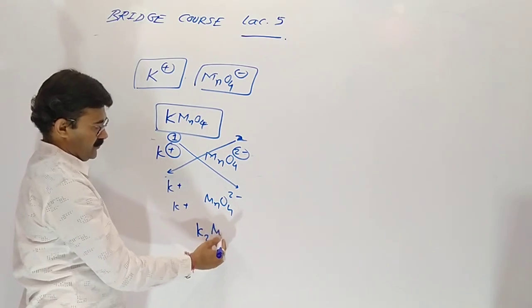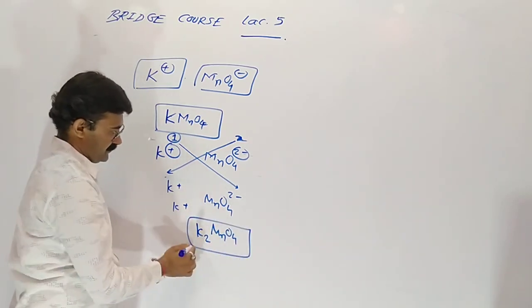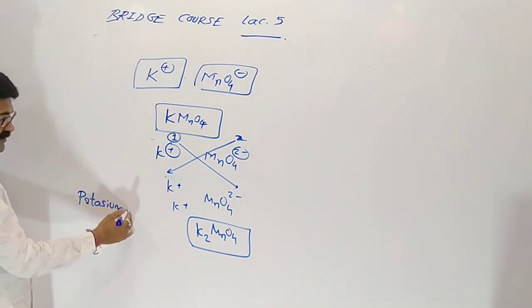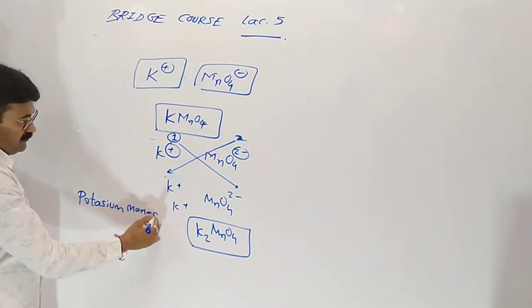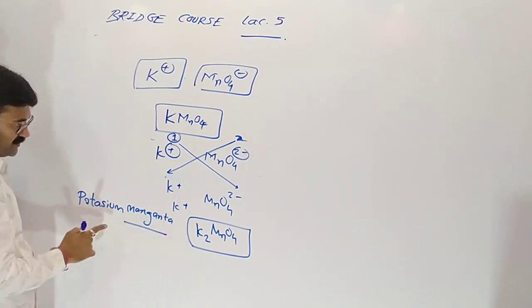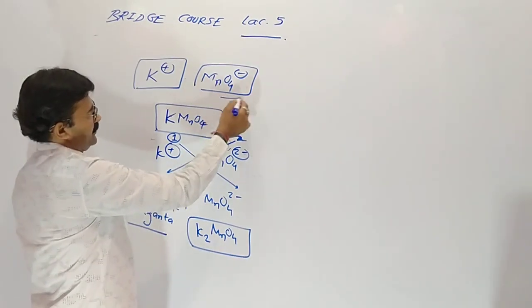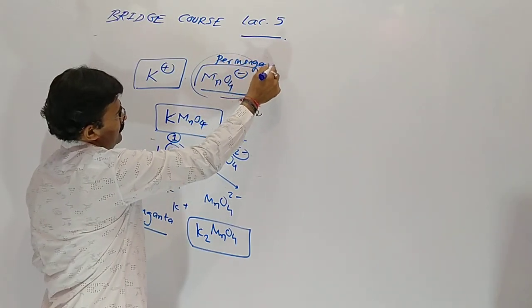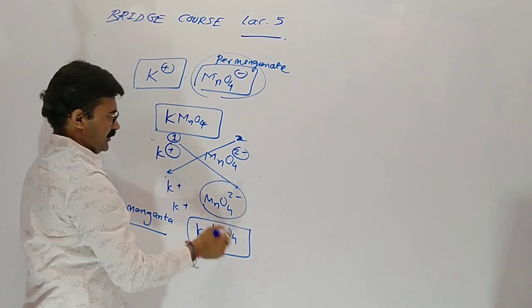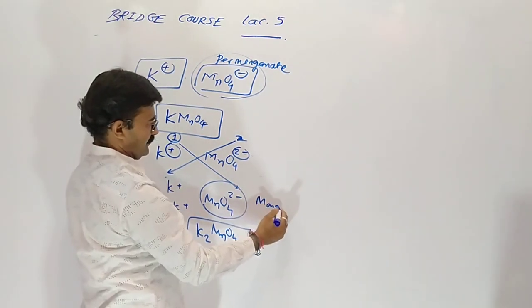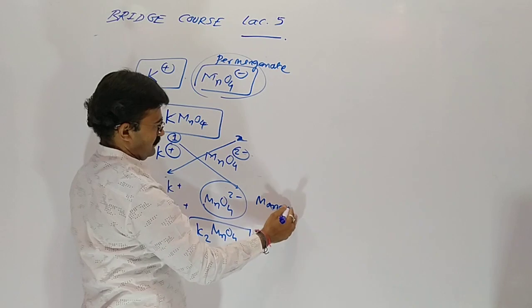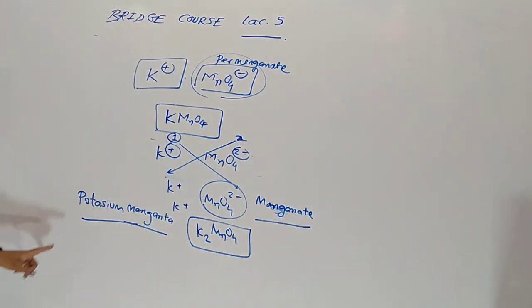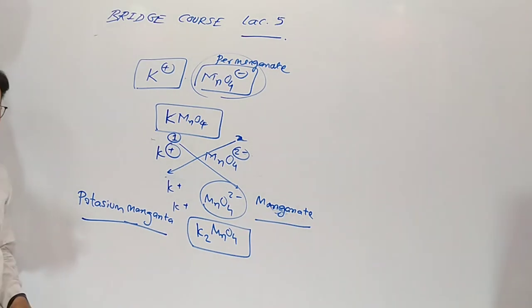So K2MnO4. So the name of the compound is potassium manganate, not permanganate. MnO4 minus is permanganate, whereas MnO4 2 minus is only manganate. So this one is potassium manganate. Understood?